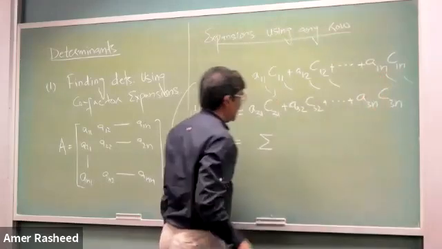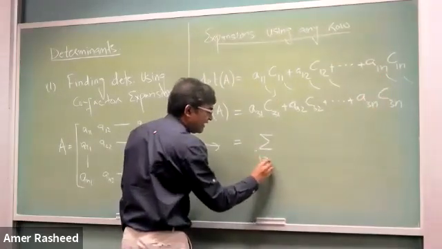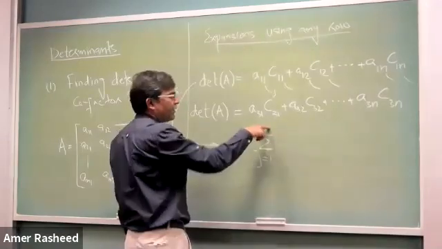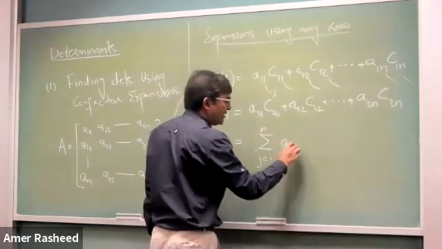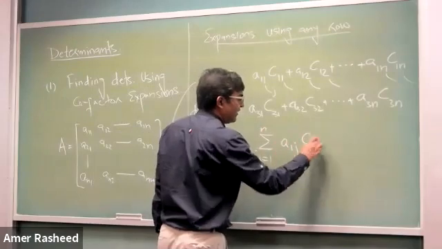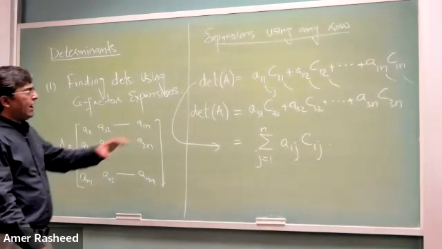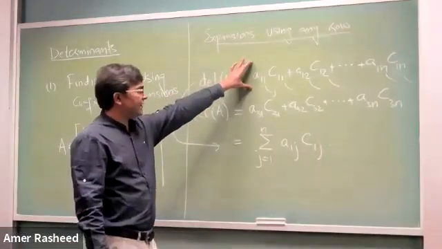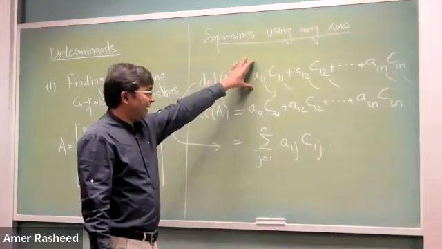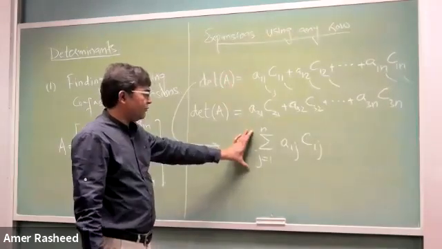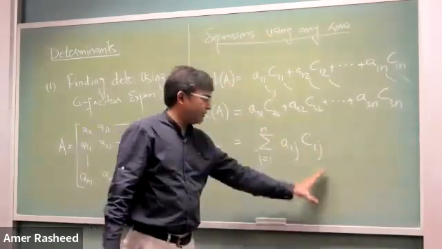So j varies from 1 to n: the sum of j from 1 to n of A1j C1j. So we have written this cofactor expansion with respect to the first row in a short, compact form in this way.